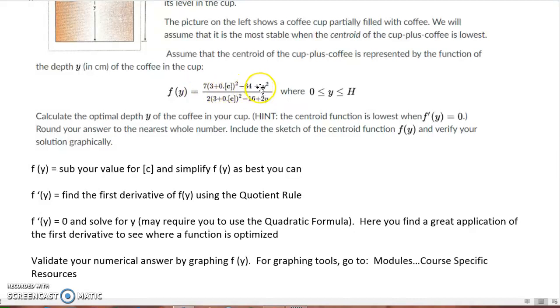Let me point out something to you very quickly. Because of the second degree term in the numerator, this function is not going to look like a parabola overall, but you're going to notice a very clear and distinct minimum value when you graph it.